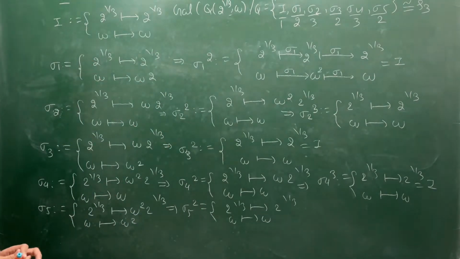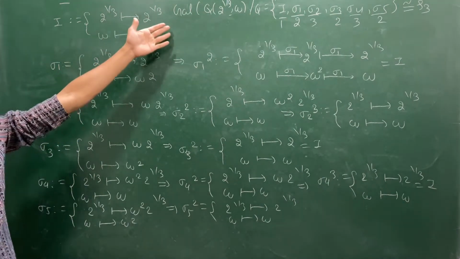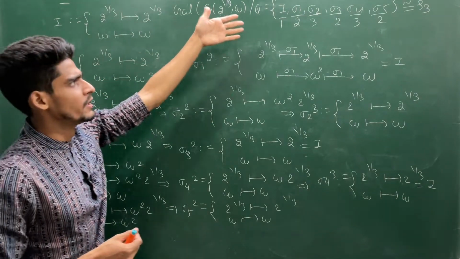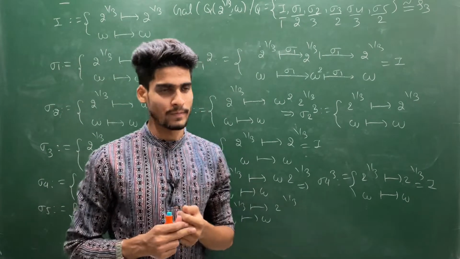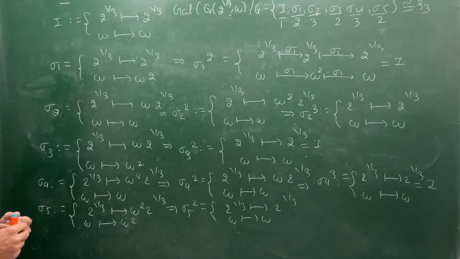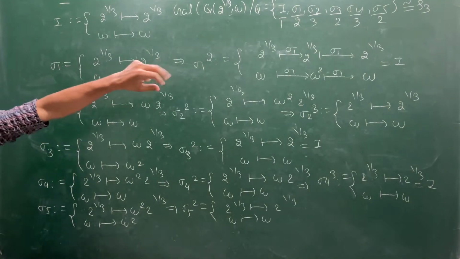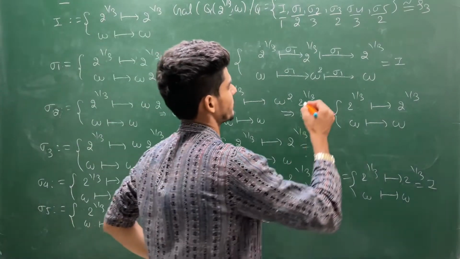Okay, so you understand this part. And every time I have told you, when I ask you about the Galois group, I will always ask you, give me the fixed fields. See, this S3, you think in this manner.